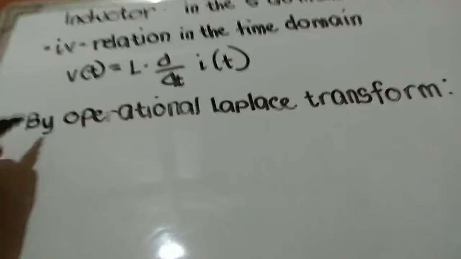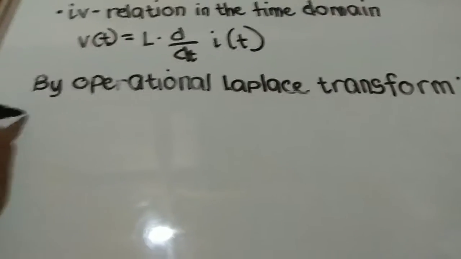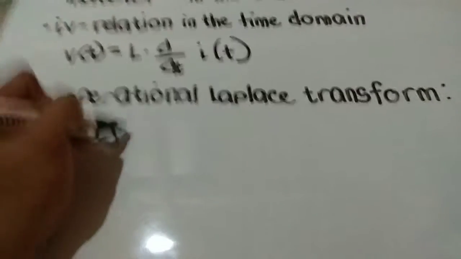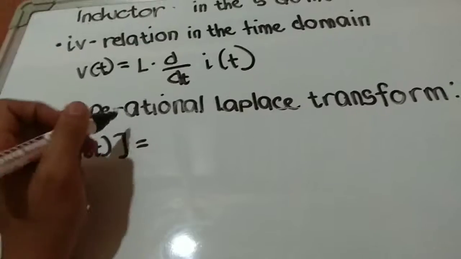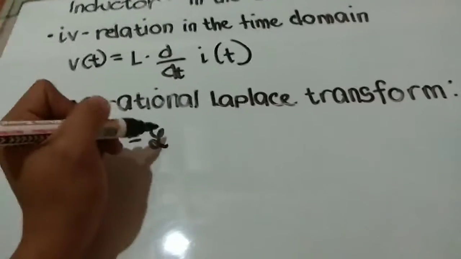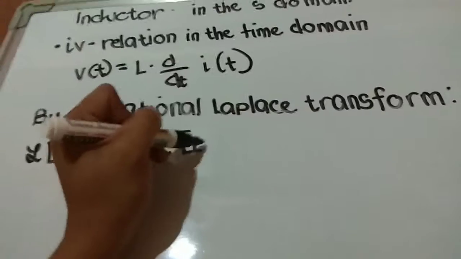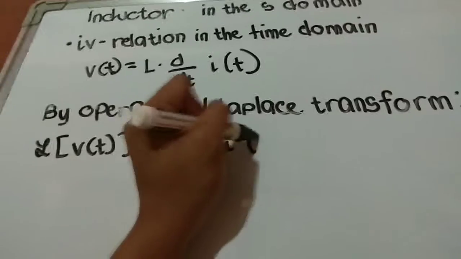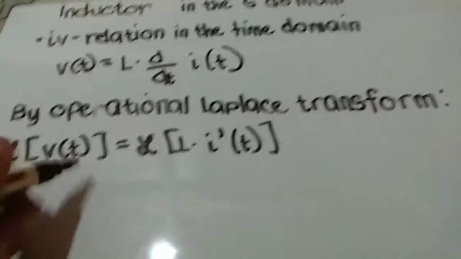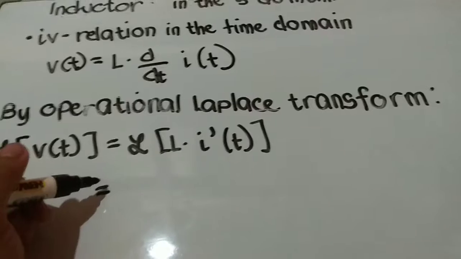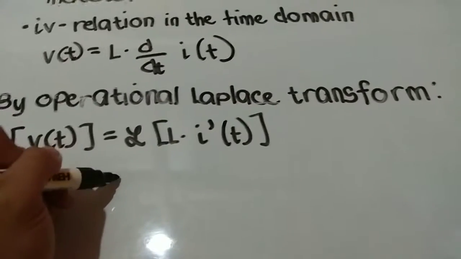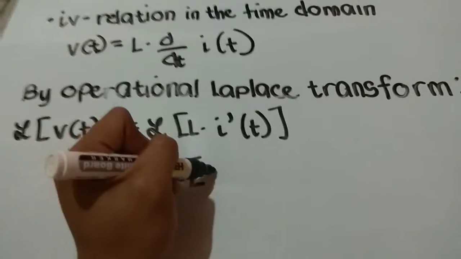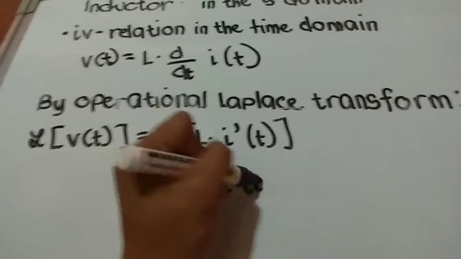So by operational Laplace transform, Laplace of v(t) is equal to Laplace of L times i prime(t), equal to L times Laplace of i prime(t).